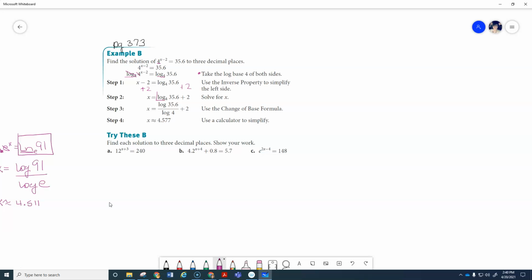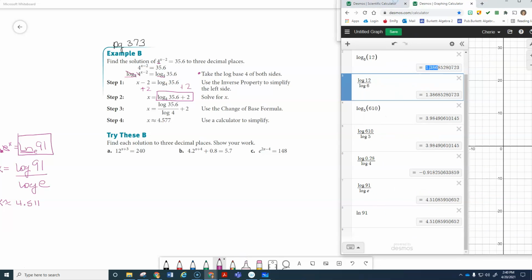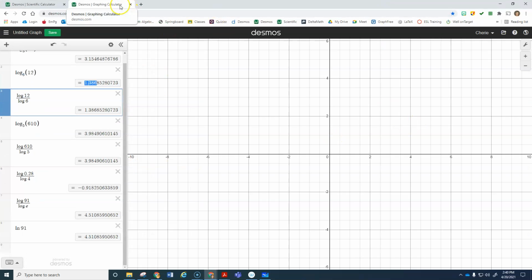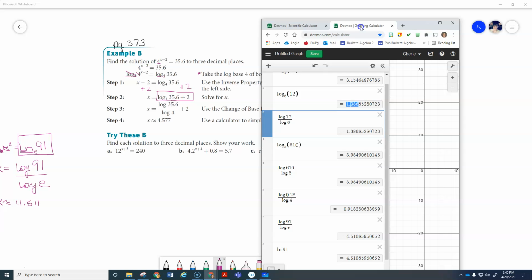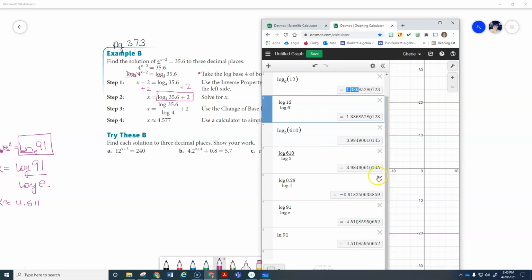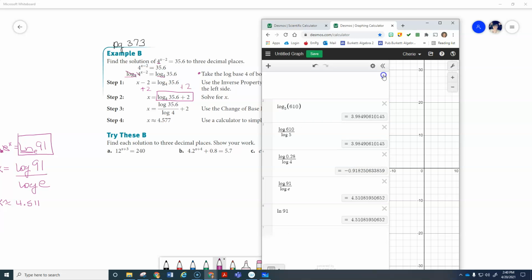So again, depending on which calculator you use, if you use the Desmos graphing calculator, then you can type that on the screen. Let me delete some of these so I can get to the top. You can type that in the calculator exactly like that.